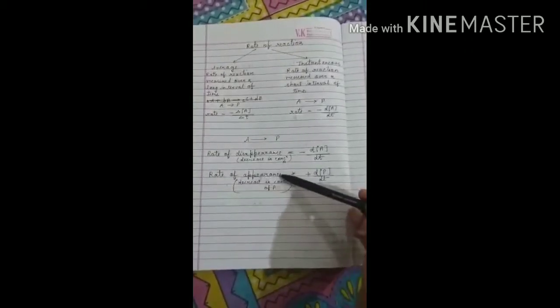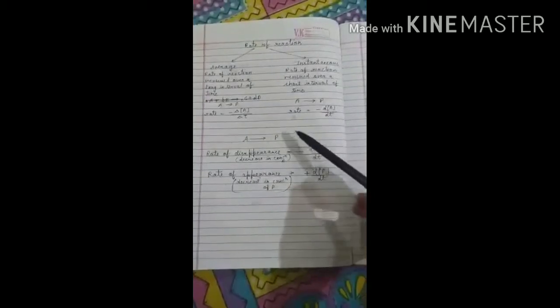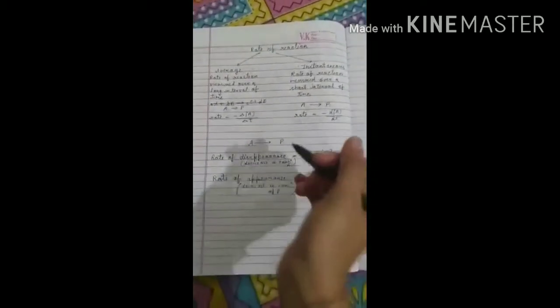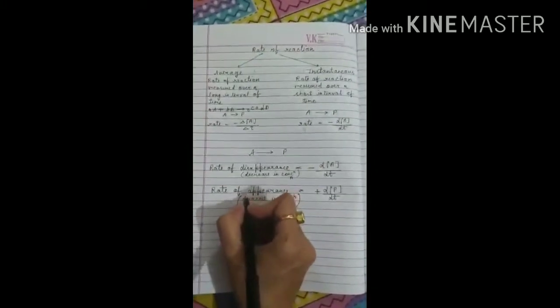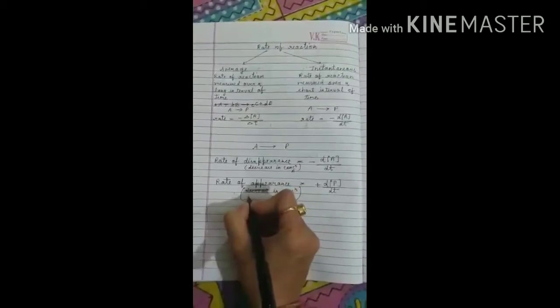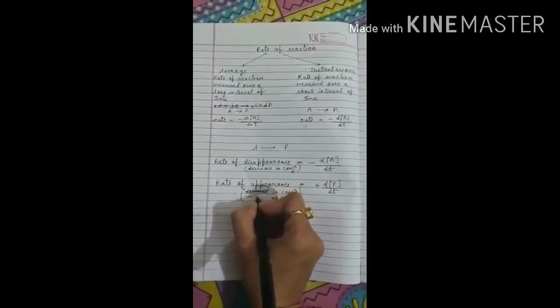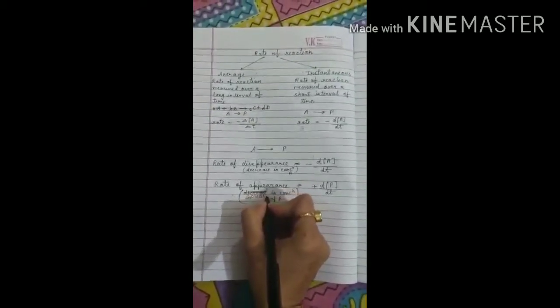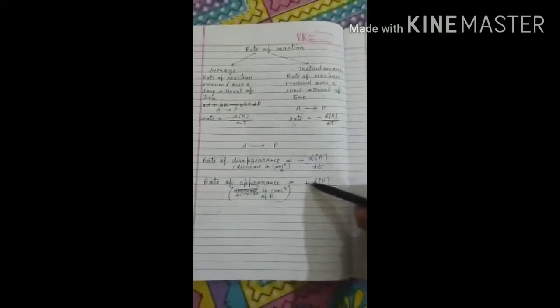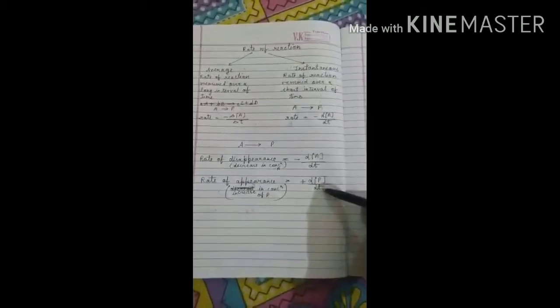Rate of appearance always takes place in terms of the product. So here it is not decrease in concentration of P, here it is increase in concentration of P. So here I have written the positive sign, dP upon dt.